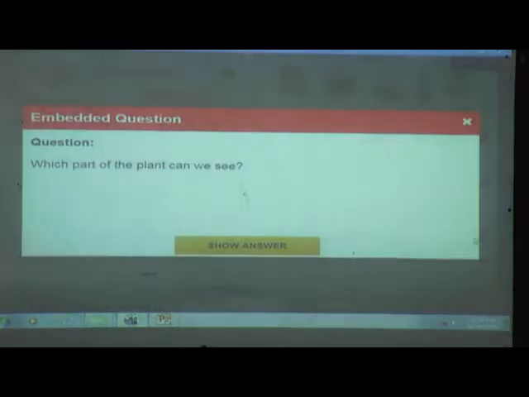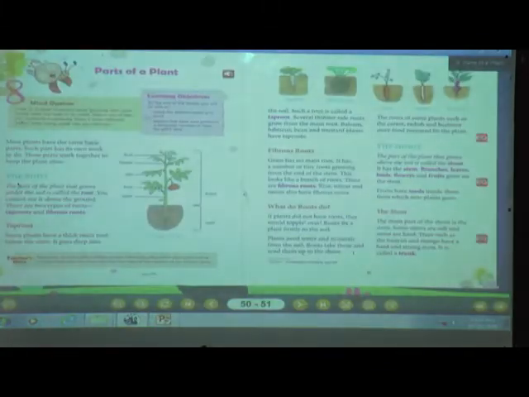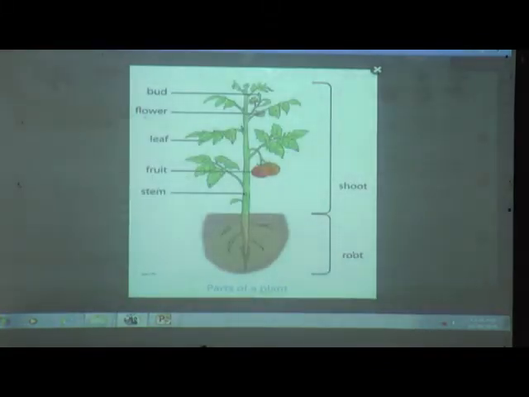My next question. Which part of the plant can we see, students? Tell me, which part of the plant can we see? Okay, I will show you the answer. We can see the shoot of the plant because it grows above the ground, isn't it? See, I'll show you here. Can we see this part? No, we cannot see.